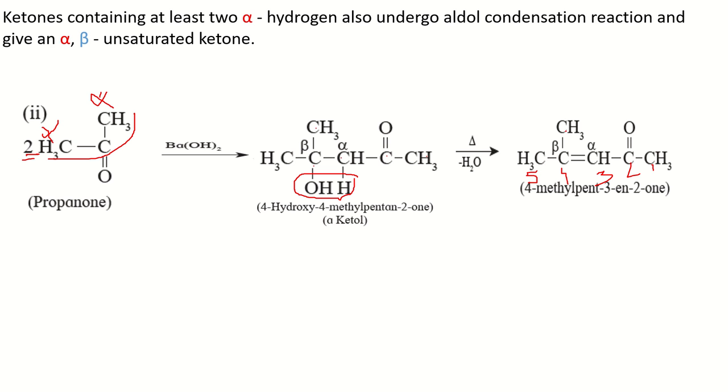The 4 position has a methyl. There are 5 carbons in the longest chain, so 4-methylpent. The third position has a double bond, hence 3-en, and 2 has the ketone, hence it is 2-one. The name of this structure is 4-methylpent-3-en-2-one. I think it is clear to you.